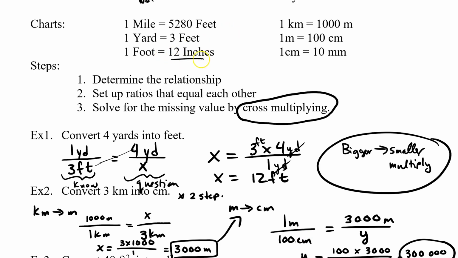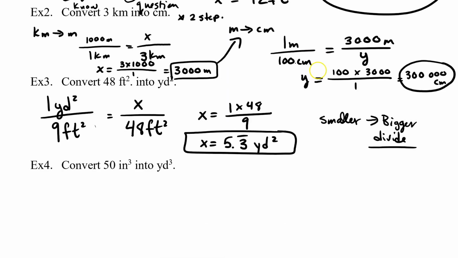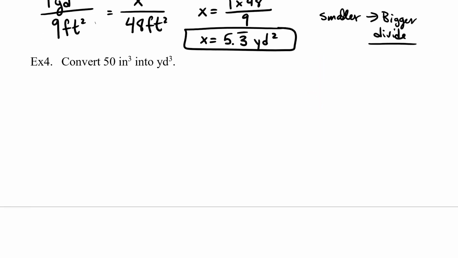We have inches to foot and then feet to yards, but we don't have directly from yard to inches. So we have to do a two-step. So first we need to go from inches cubed to feet cubed. And then we need to go from feet cubed to yards cubed.